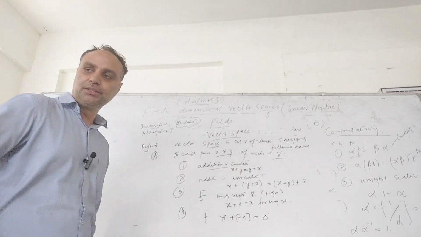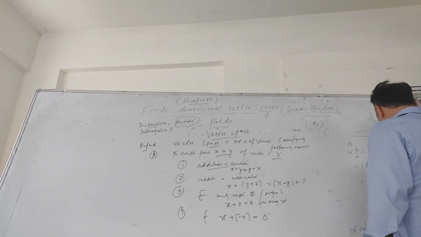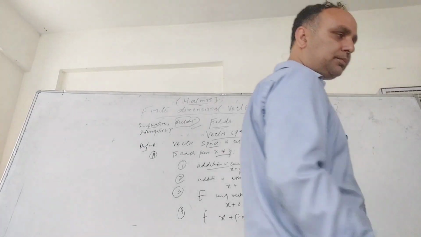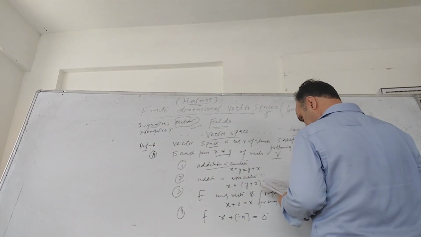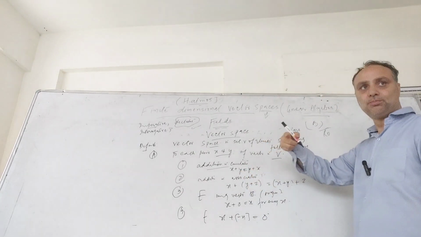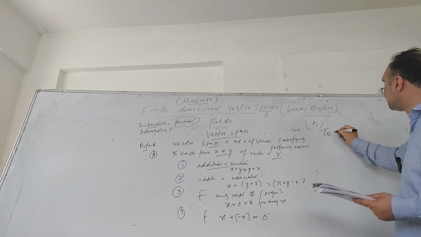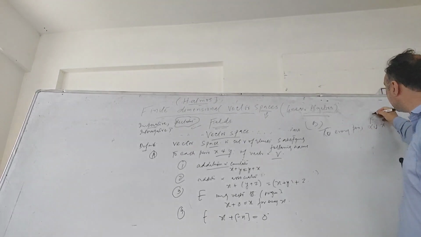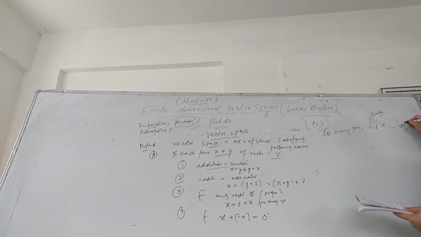Now we are going to the B part of it, which is to every pair alpha and x, where alpha is scalar and x is vector.